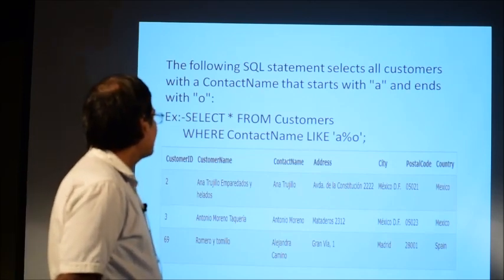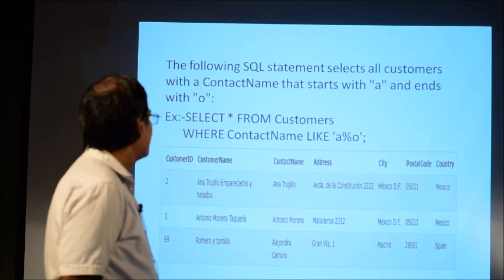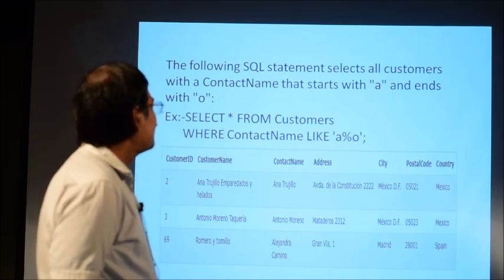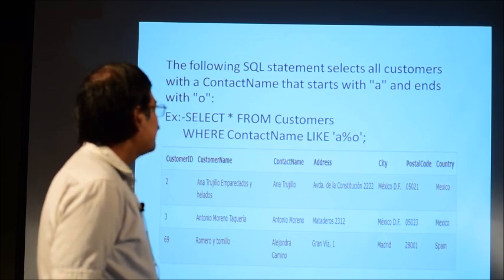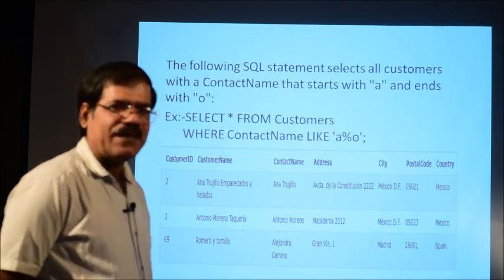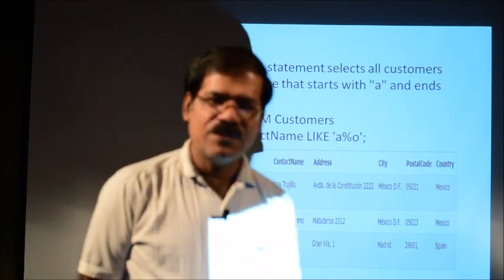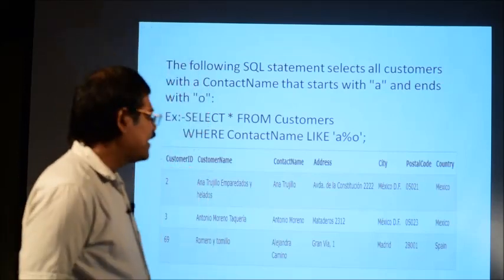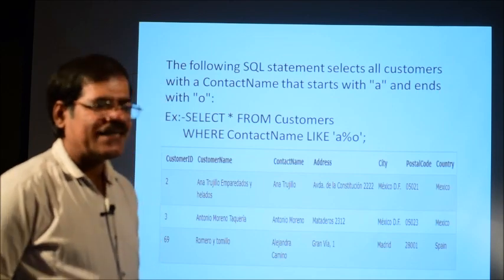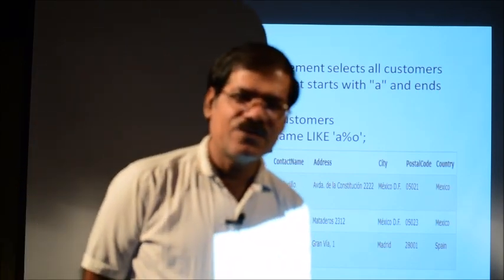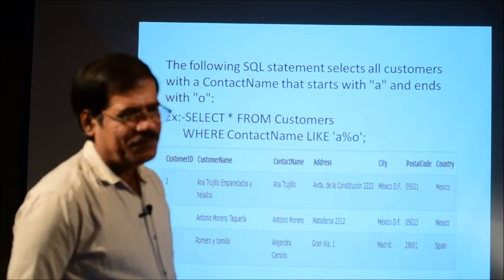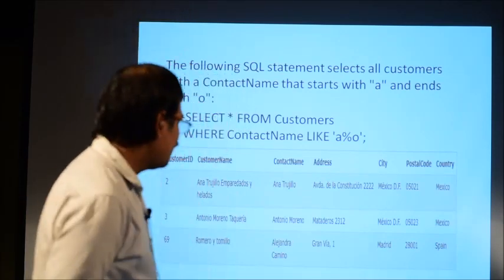Select star from customers where contact name like A percentage O. A percentage means the starting letter is A, and percentage O means the end letter is O.